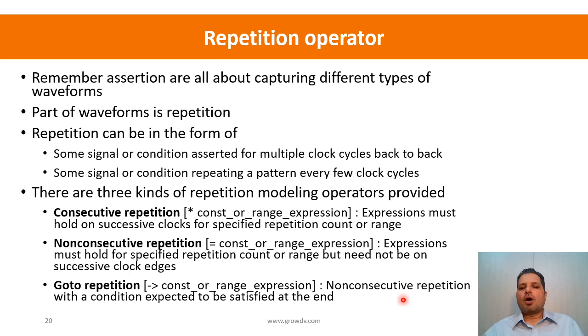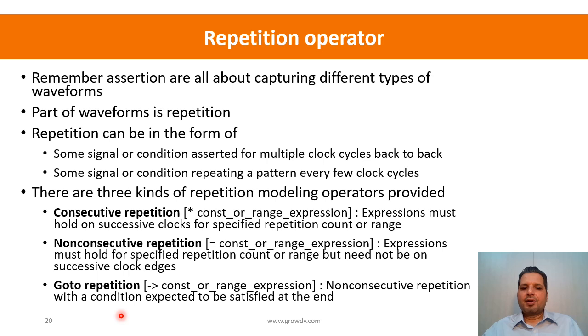It says a non-consecutive repetition with a condition. You specify an additional condition after your non-consecutive repetition, and whenever that condition is satisfied, I want to go to that particular non-consecutive repetition. I know this may not be very clear at this point. When we look at the example, it will become more clear.